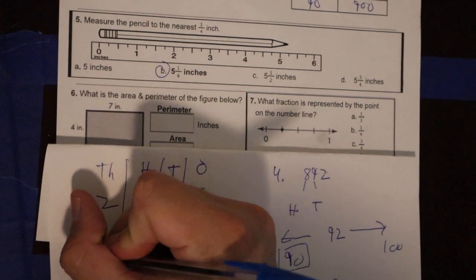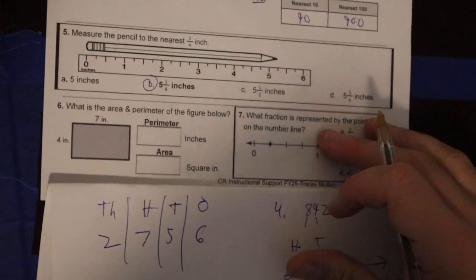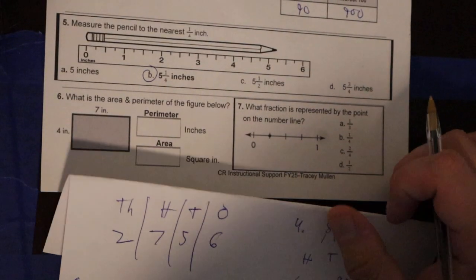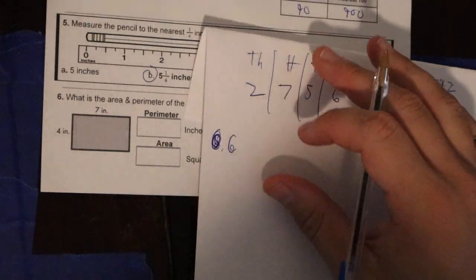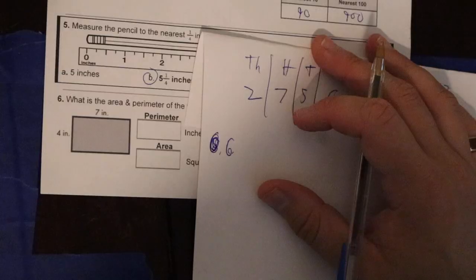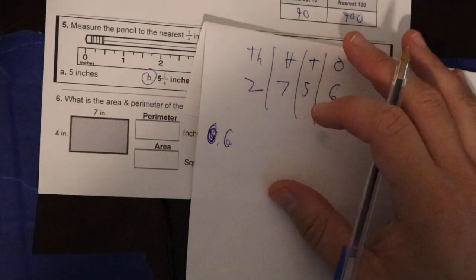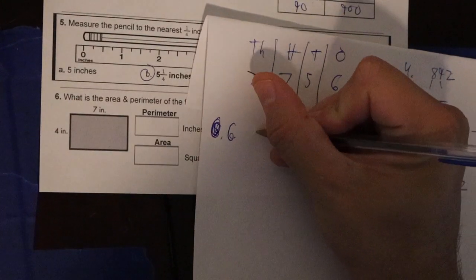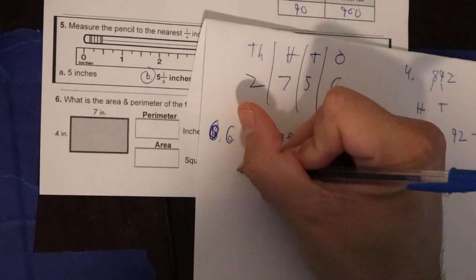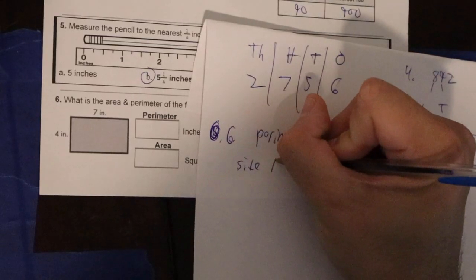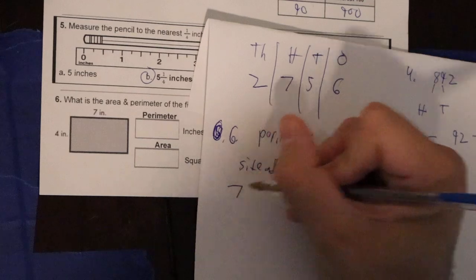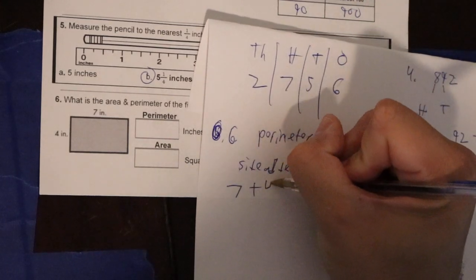Question 6. What is the area and the perimeter of the figure below? Okay, so how do we calculate the perimeter and area of a rectangle? Well, a perimeter is just all the sides added together. So that'd be 7 plus 4.